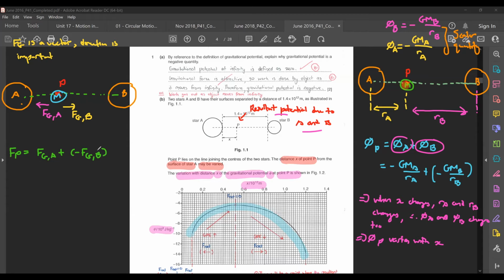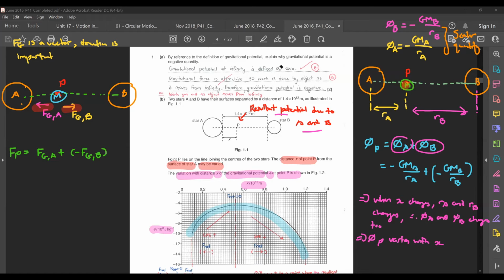Why is there a negative here in the first place? It's because FgA is towards the left, FgB is towards the right. When I add them, because one of them is acting in the opposite direction, one of them will be a negative. In my case, I assign B to be negative. This is how you get the resulting gravitational force at point P.